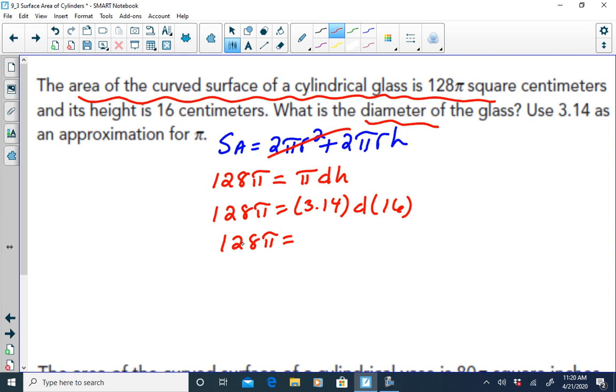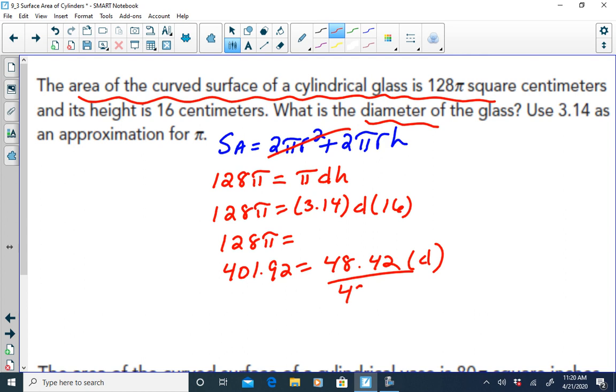I skipped something here. This is 128 times pi, so that's going to be 128 times 3.14. That's 401.92. And then we have to multiply the 16 times 3.14. That's 50.24, and that's times d.